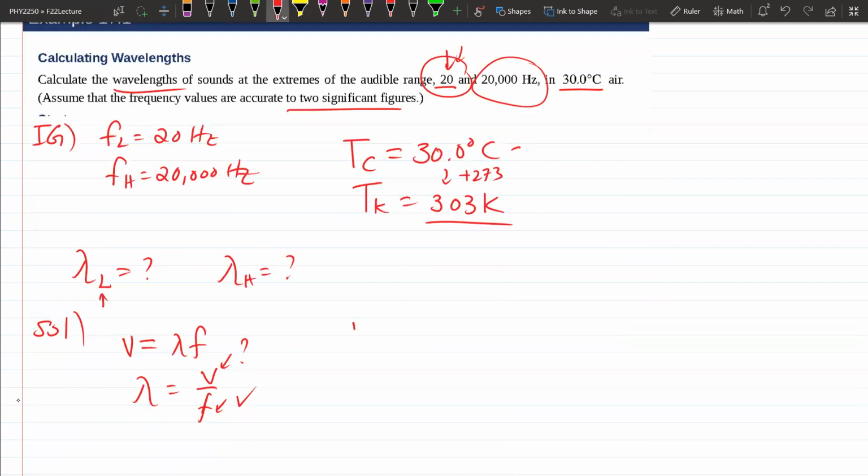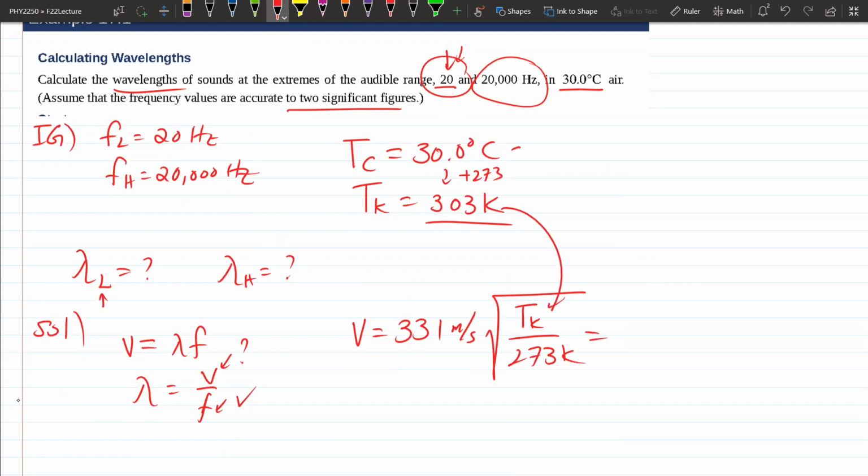So let's see what that number comes out to be. The speed of sound is 331 meters per second times the square root of the temperature in Kelvin divided by 273 Kelvin, and we're at 303. So it's going to be a little bit bigger, because the stuff in the square root is bigger than 1.